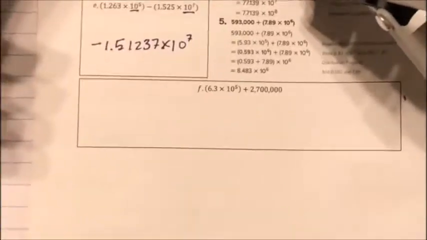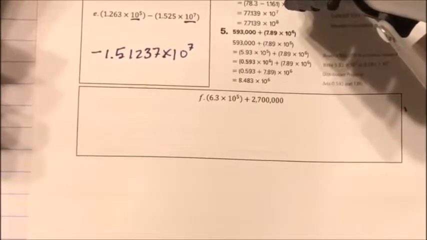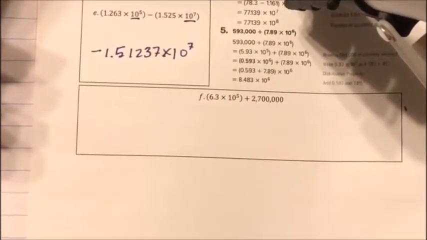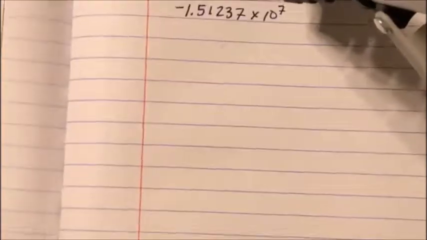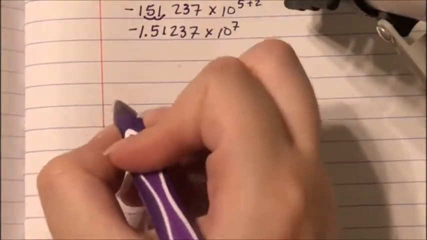Okay? So then let's look at F. So F says 6.3 times 10 to the 5th plus 2,700,000. Okay, so the first thing that I want to do with this is first not run out of table space. Okay.